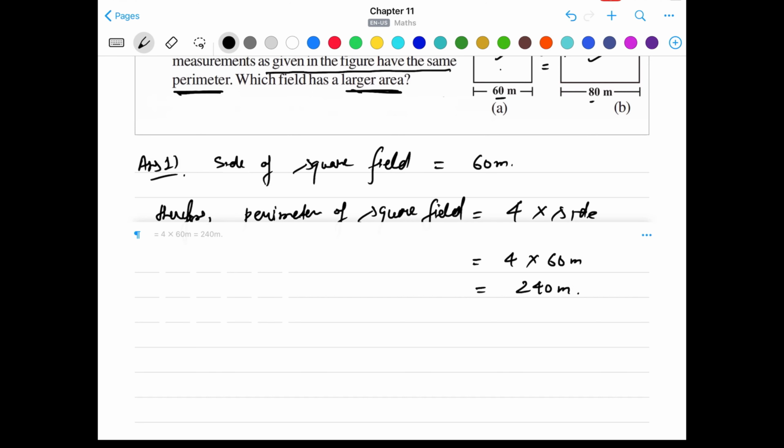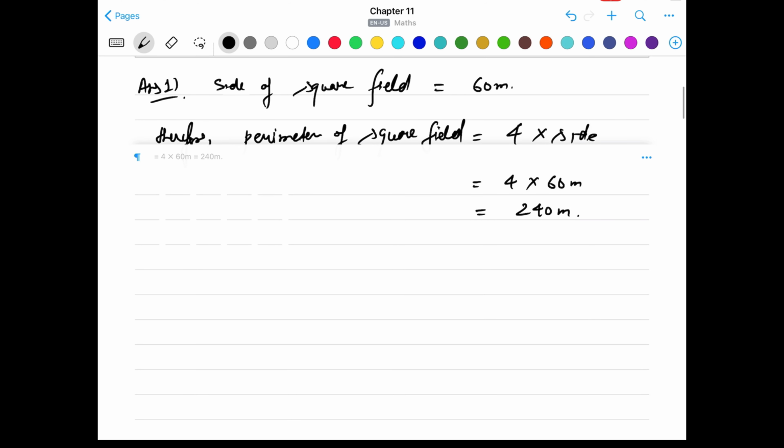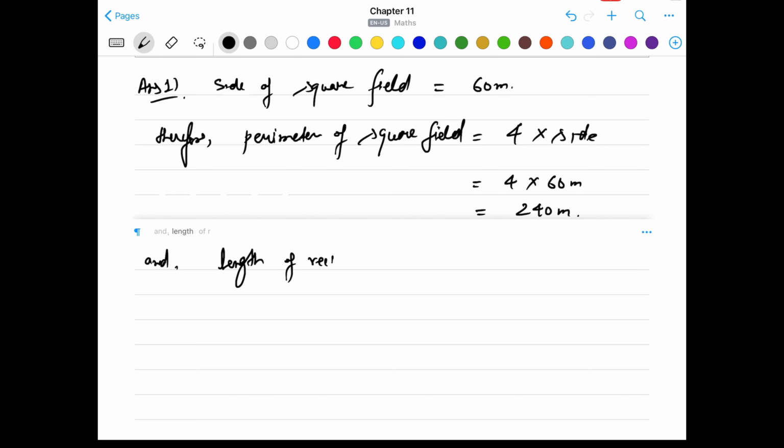Now we are going to calculate the perimeter of the rectangular field. So write, length of rectangular field is given as 80 meter.